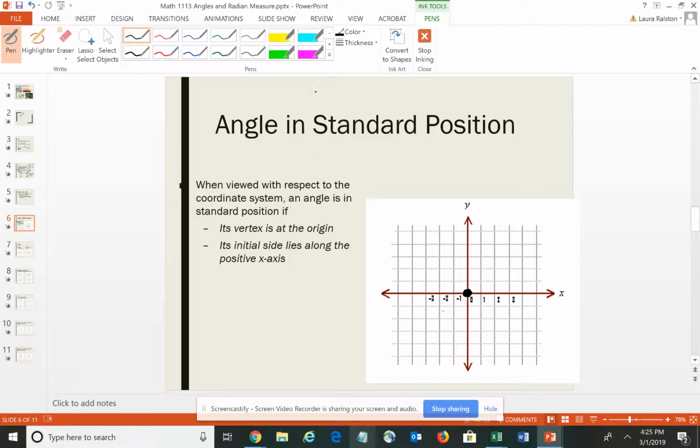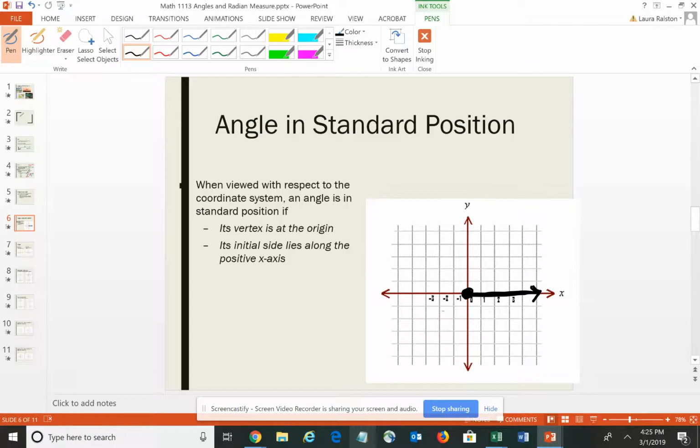The initial side, where you will start the rotation, is going to be on the positive x-axis. So basically you have the endpoint on the origin, and you're going to have the initial ray pointing to the right.